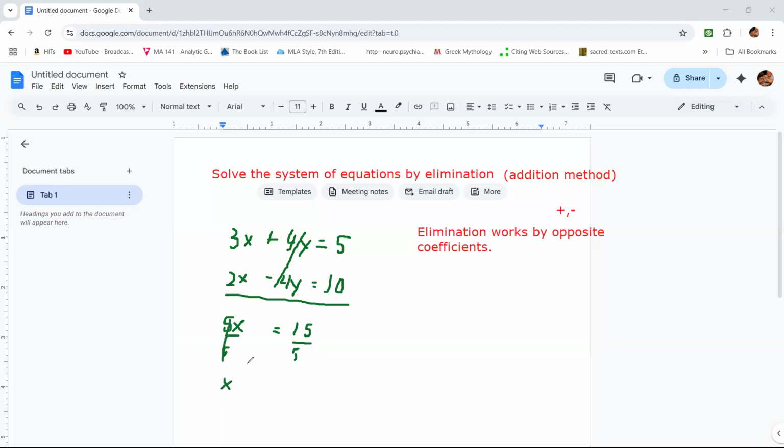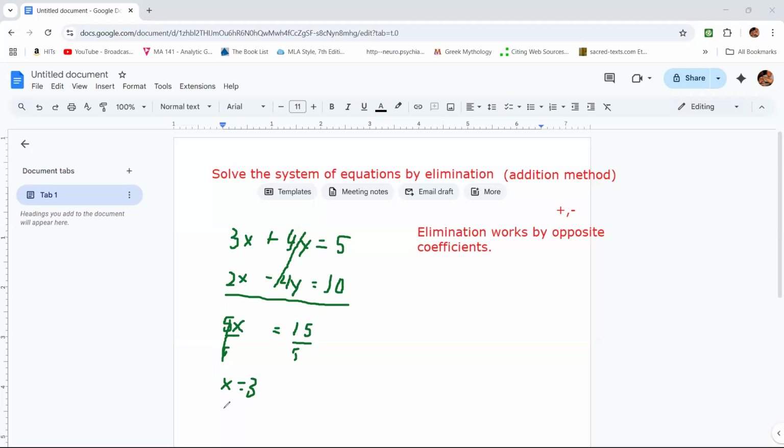So x here, 15 divided by 5 is 3. Now remember that this is half of your solution. This is your x.